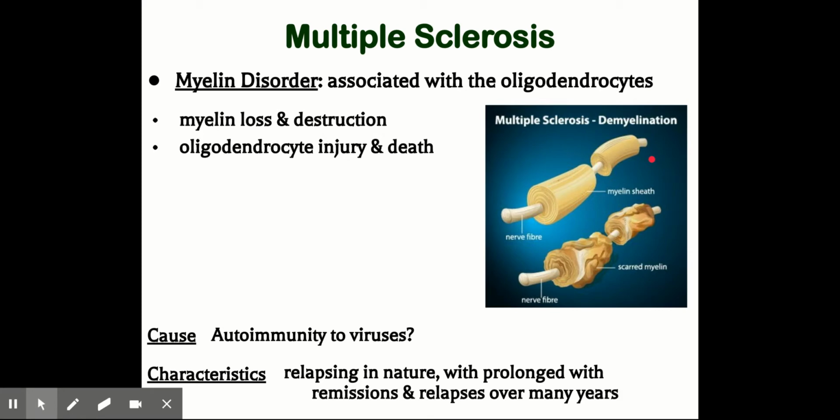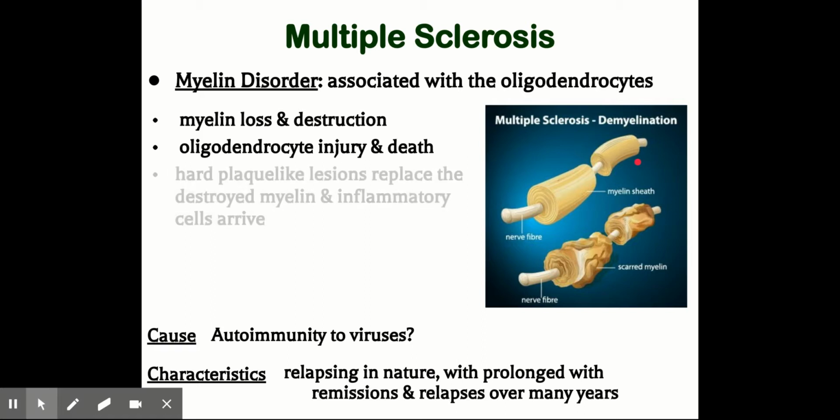And the whole point of having a neuron is to communicate. So the oligodendrocytes get injured, and we don't really know why that is very well. And then the sclero comes up with this plaque-like lesion. A lesion is an abnormal area. So where it used to have healthy tissue, now it's got this hard plaque-like lesion, which we see in many body parts all over the place, which we might call scarring.